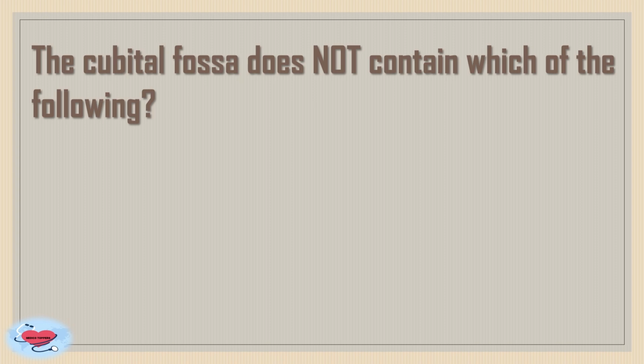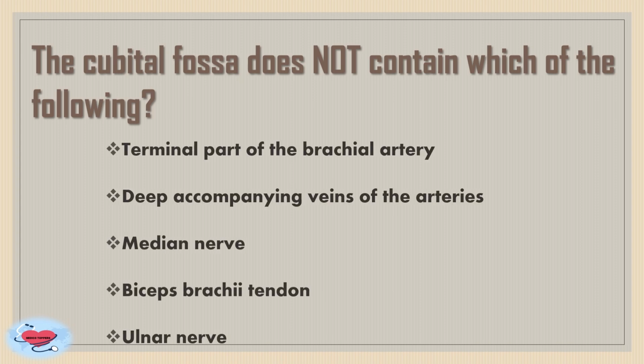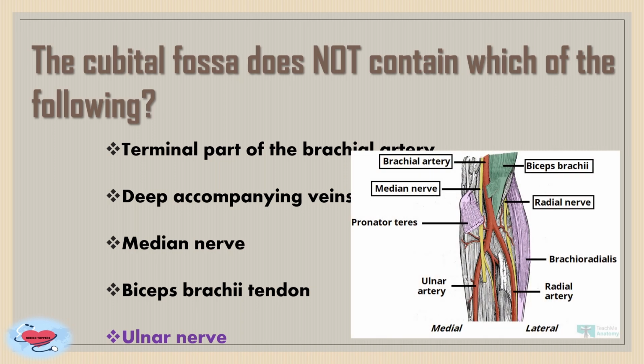Next, cubital fossa does not contain which of the following? To answer this question, we should know the contents of cubital fossa. Coming to the contents of cubital fossa, from medial to lateral we have a mnemonic, MBBR. M is median nerve, B is brachial artery, another B is biceps brachii tendon and R is for radial nerve.